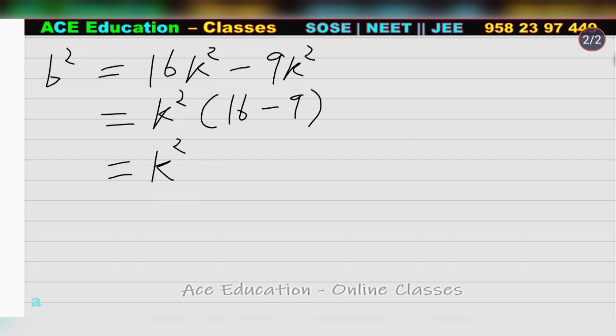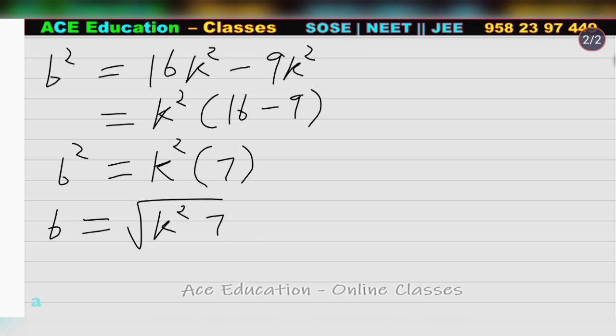We get k square multiplied by 7, that is equal to b square. And finally we get the value of b equal to under root k square into 7. We can take out k from the square root, and we get the value of b, that is k under root 7.